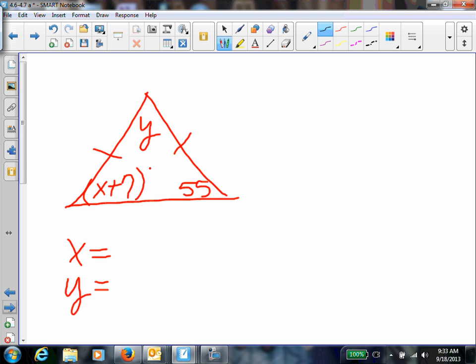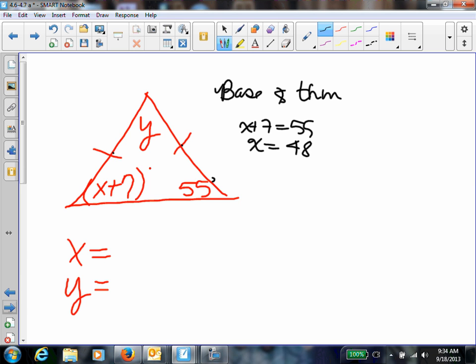All right? We are given here that these two sides are the same. And so looking at that, we would say, well, this is the base angle theorem that we're going to use. Given these two sides are congruent, therefore x plus 7 equals 55. These are angle measures. That tells me that x is equal to 55 minus 7, which is 48.